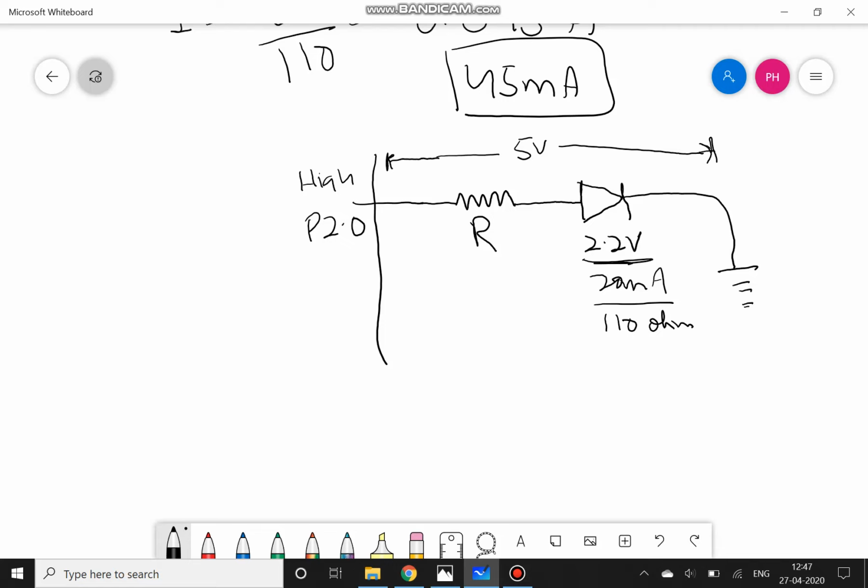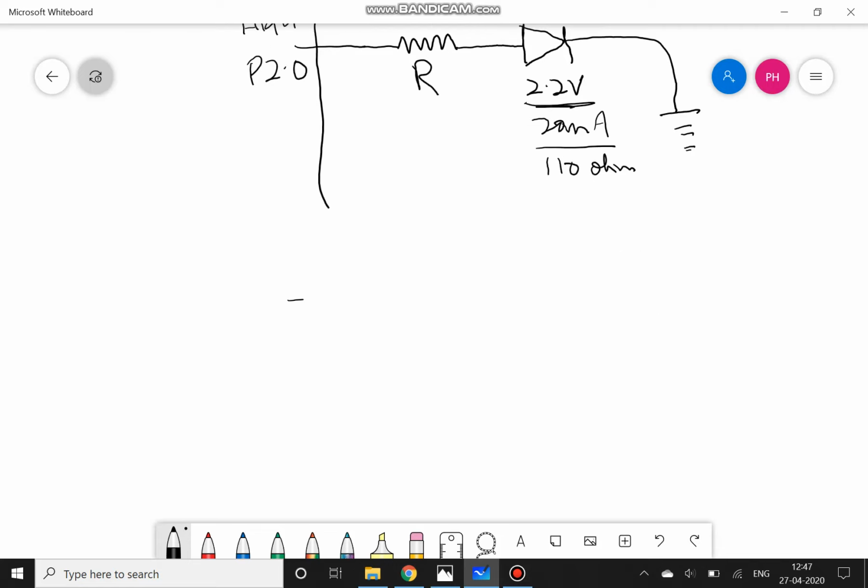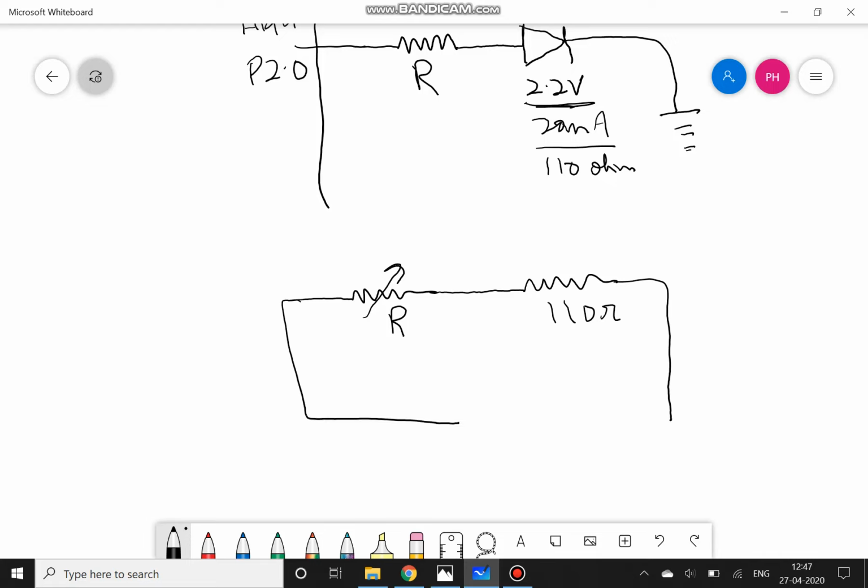So this simply gives us a voltage divider circuit like this. We have a resistor R, and we don't know the value of this resistor. We have another resistor here, of 110 ohms, and this is connected to a voltage supply of 5 volts. The voltage across this is desired to be 2.2 volts.